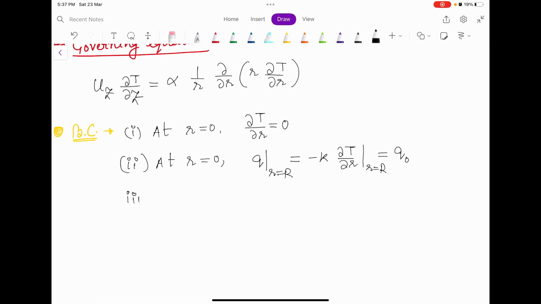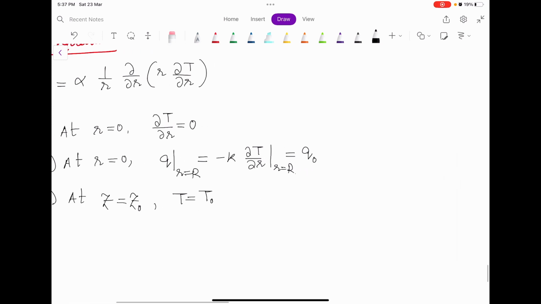And third, at z equal to some z naught, we have some temperature profile, T equal to maybe T naught.